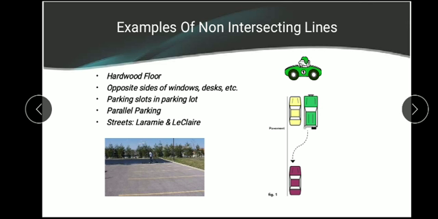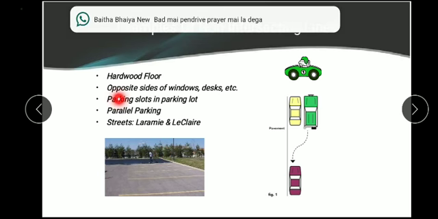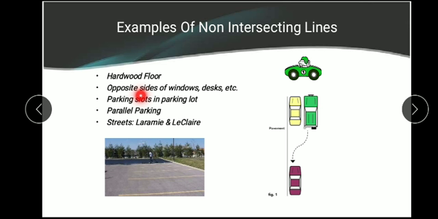Examples of non-intersecting lines. Hardwood floor. You can see this floor, these lines. They will never intersect. Opposite sides of windows or desk are also non-intersecting lines.